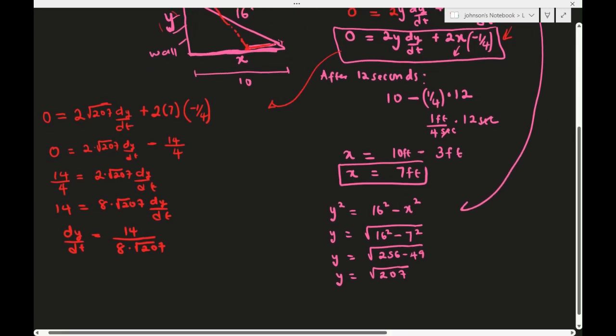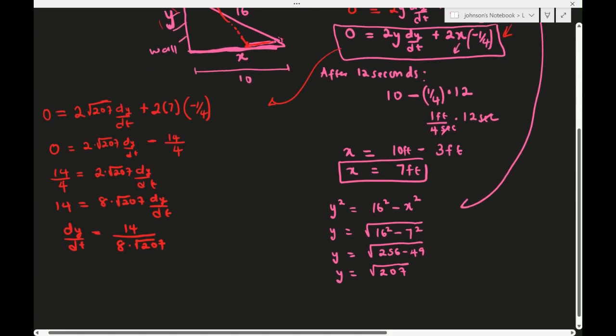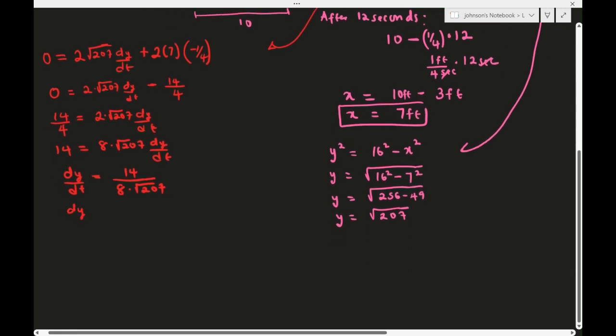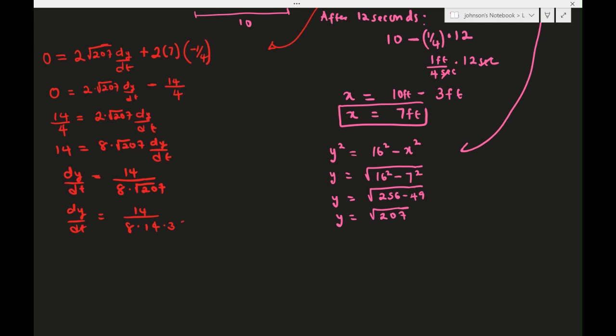Yes. So let's see if we can have an approximate value. What is the root of 207? We can have the root of 207, which is about 14.38.